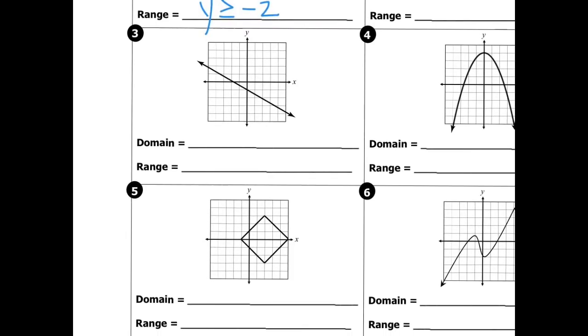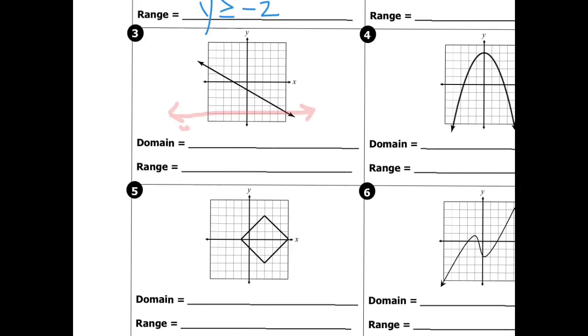Let's try number 3. So with number 3, we're going to use the same strategy. We're going to take our pink highlighter and we're going to go from left to right along our graph. And we notice right away that there's arrows, right, going to the right and to the left that say that this is going to be going on forever.